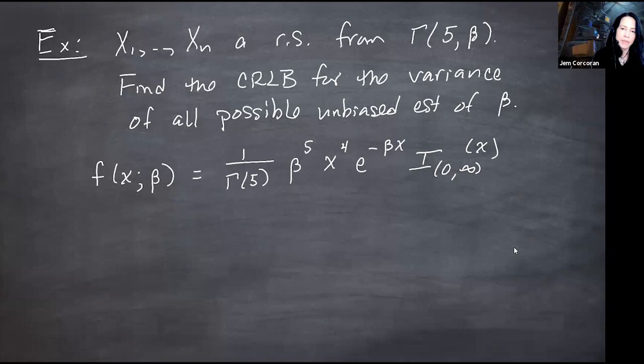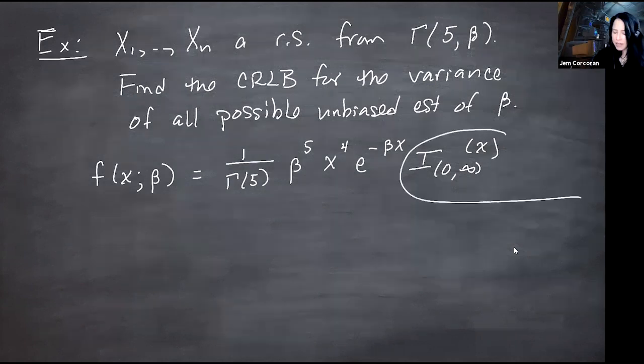I'm going to drop it because it's weird to take the log of it. After that, if you took the derivative, it would disappear anyway because it's a derivative with respect to beta. The only time it really becomes important is if the parameter is in the indicator, but you're not allowed to use the Cramér-Rao lower bound in that case because it doesn't satisfy the regularity conditions we needed for the proof.